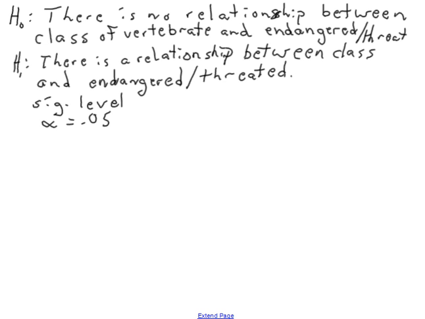Our critical value then, with degrees of freedom, which is, remember, r minus 1 times c minus 1.